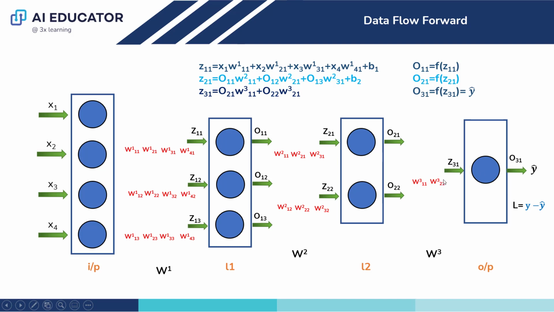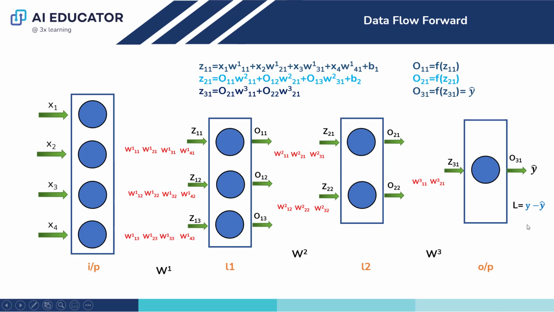Again, a cumulative sum of O21 W311 and O22 W321 will go as Z31 to the output layer, which will be the activation function on Z31. We'll get a predicted value. We subtract it from the expected value and we get the loss.